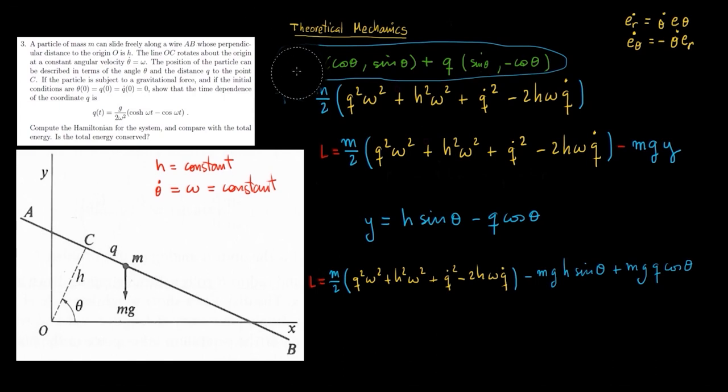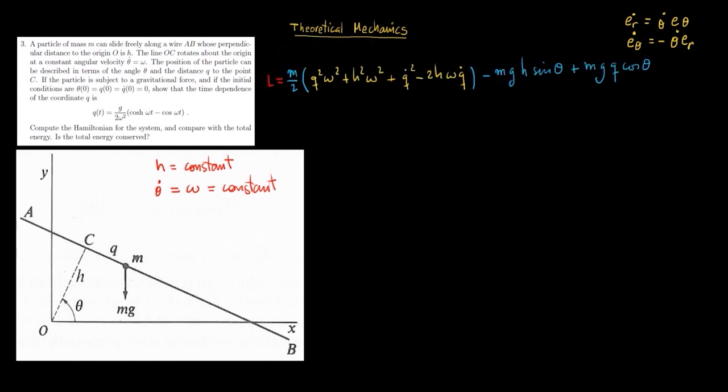Let's delete a little bit. And let's go to the Euler-Lagrange equation for the q coordinate. So let's first calculate the derivative with respect to q, and it will be m over 2 times 2q omega squared plus mg cosine theta. Let's delete both 2's.